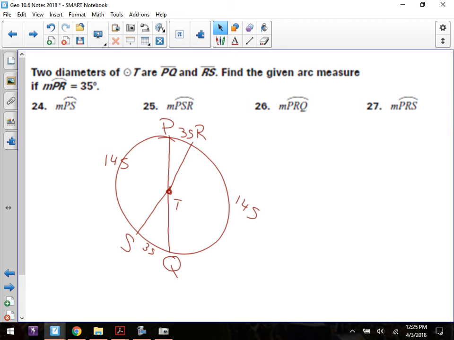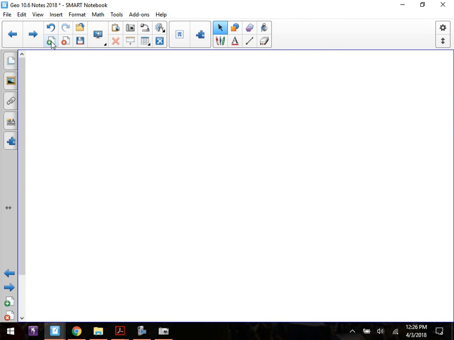Now on this one here, a little bit of algebra, but in all honesty, it's super easy because you've got three angles that create a diameter. What do they have to add to equal?